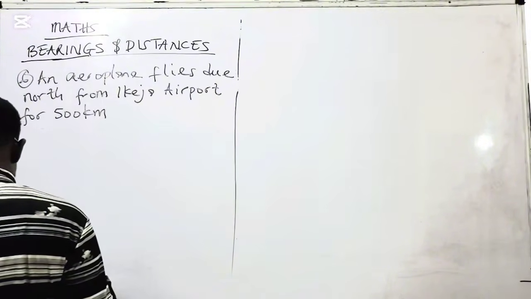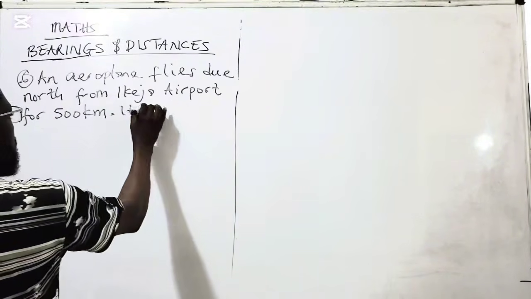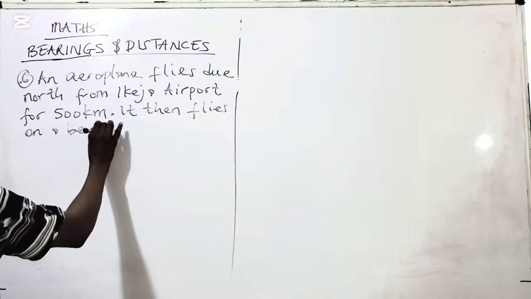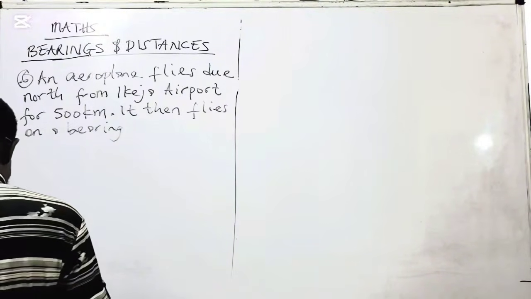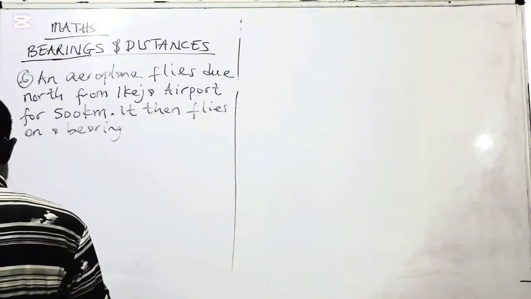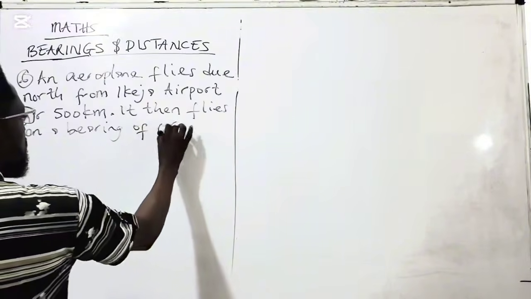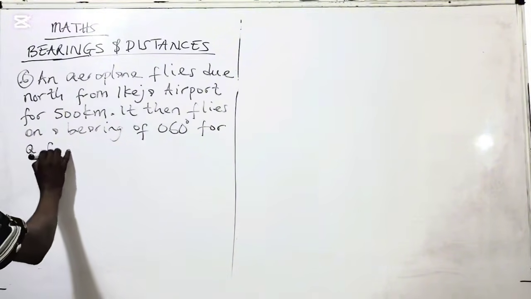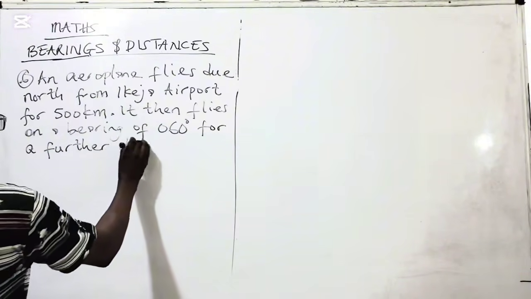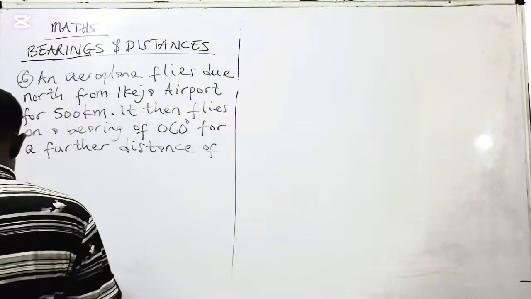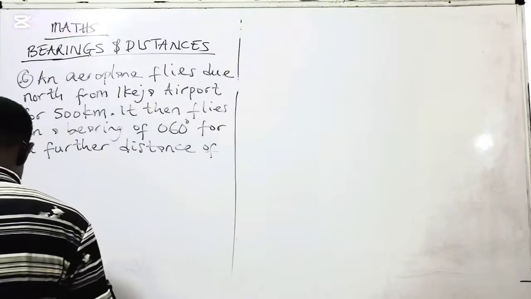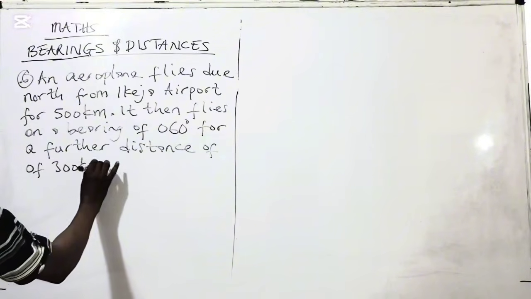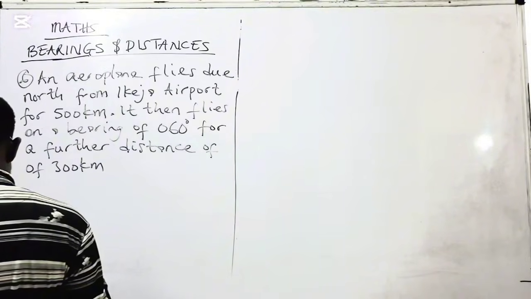It then flies on a bearing of 060 degrees for a further distance of 300 kilometers, before overflying a road junction.